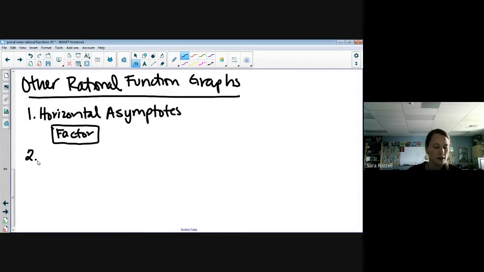The next thing that we're going to find are our holes. Then we'll find our zeros or x-intercepts, whichever one you want to call it.